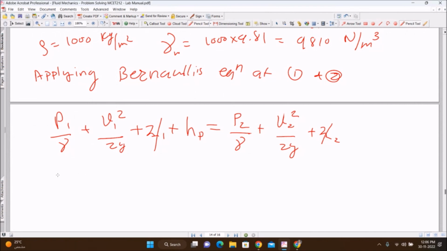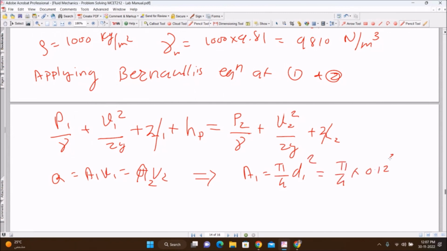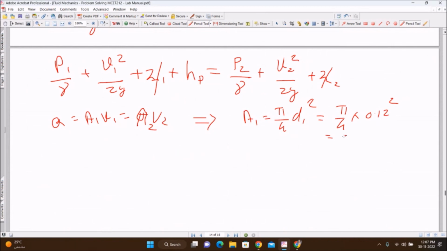So discharge Q is equal to A1 V1 is equal to A2 V2 by continuity equation. So for that I need the area. So I can find area A1 is equal to pi by 4 D1 square is equal to 0.01131 meter square. Similarly, A2 is equal to pi by 4 D2 square, 0.9635 into 10 to the power minus 3 meter square.